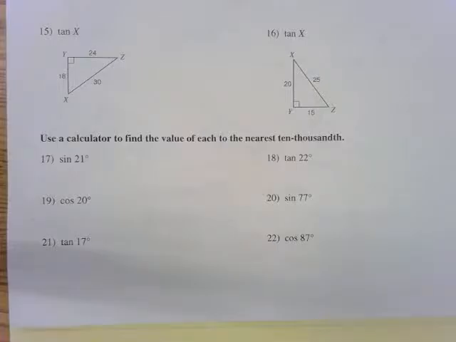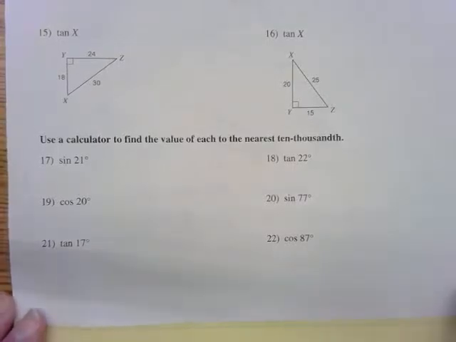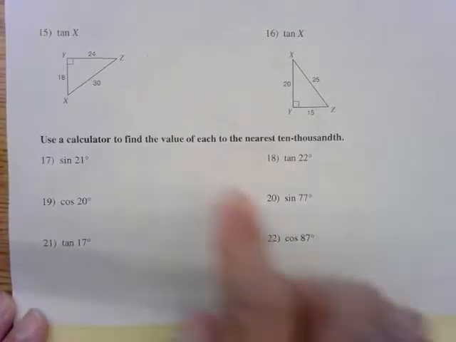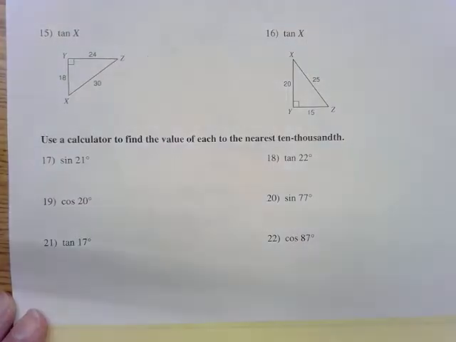Okay, so I promised that we would go one step further, but the first thing I want to do is talk to you about how you can use your calculator to get these ratios if they're not here. So what does it actually mean to be the sine of 21 degrees? What does that ratio actually mean? Where is it?